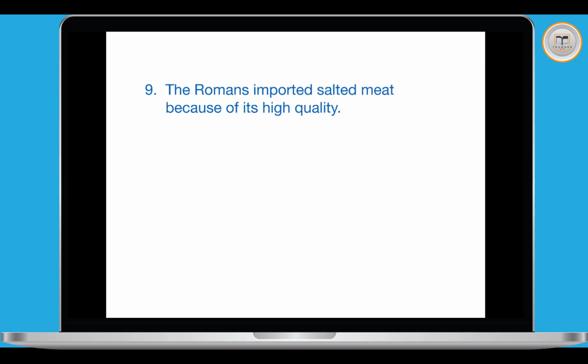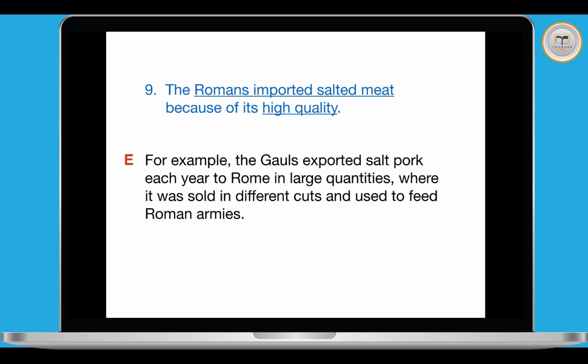Last question, number 9. The Romans imported salted meat because of its high quality. Romans imported salted meat, high quality. If we carry on reading and we get to paragraph E, for example, the Gauls exported salt pork each year to Rome in large quantities, where it was sold in different cuts and used to feed Roman armies. We have got some of the keywords.